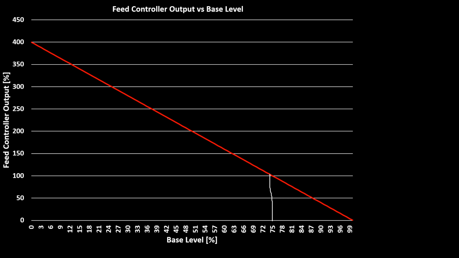And then once you get above 75% base level, it's going to be telling the controller output for the feed to start decreasing. So once base level hits 100% right here, it's going to tell the feed to start decreasing to 0.